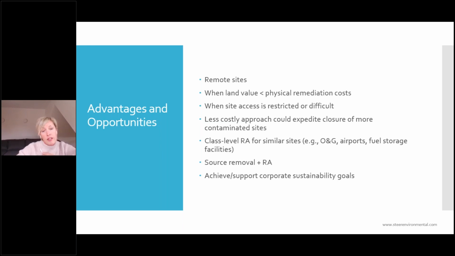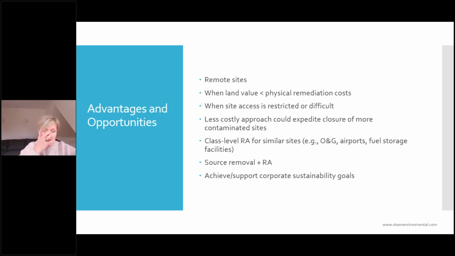On a site where the land value is less than physical remediation, and again, when site access is restricted or difficult, risk assessment should be the first tool out of the box to say, can we use risk assessment to manage this contamination? I think also a really important consideration is that if you are able to use risk assessment more often, which is a less costly approach to physical remediation, you can address and potentially close way more sites and much faster. So that should be a consideration for landowners as well.